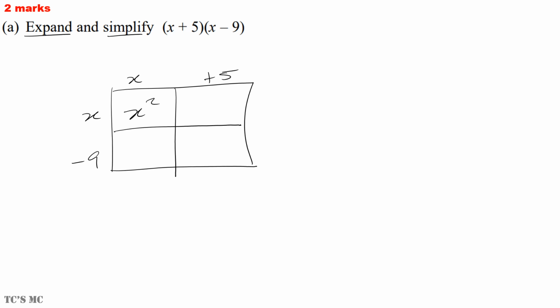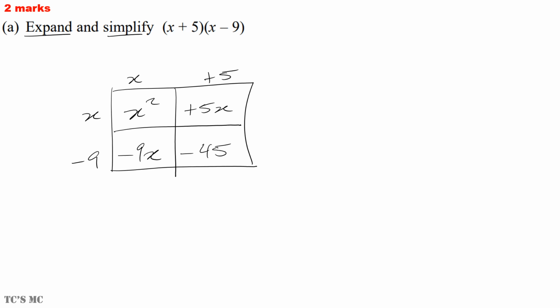For the top right box I need to do positive 5 multiplied by x, which is positive 5x. For the bottom left, I need to do x multiplied by negative 9, so negative 9x. And for this last box, I need to do positive 5 multiplied by negative 9, which is negative 45.